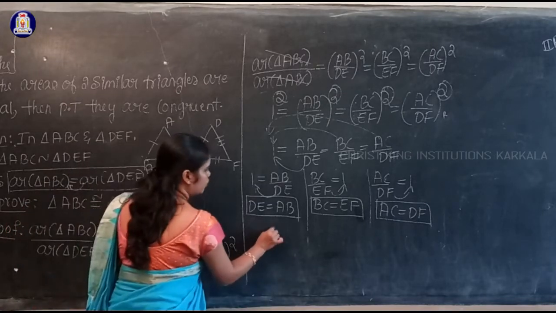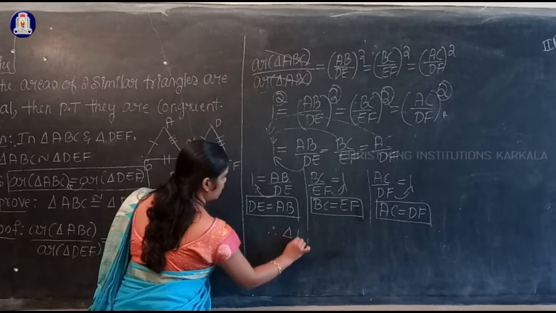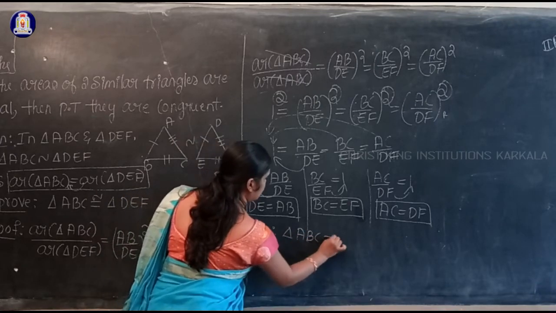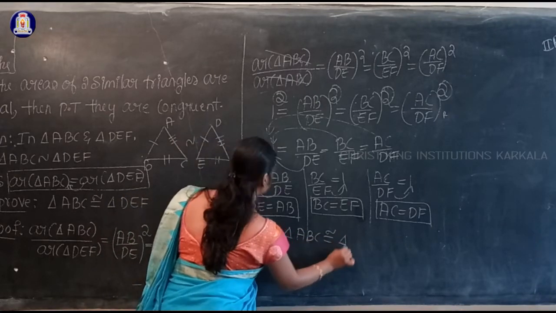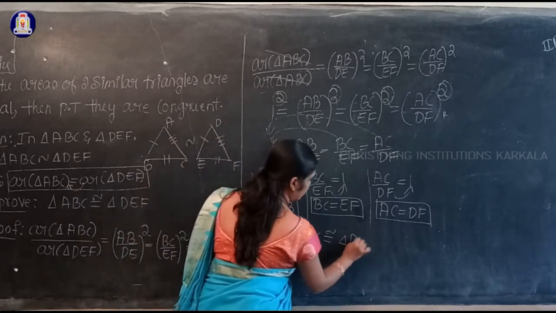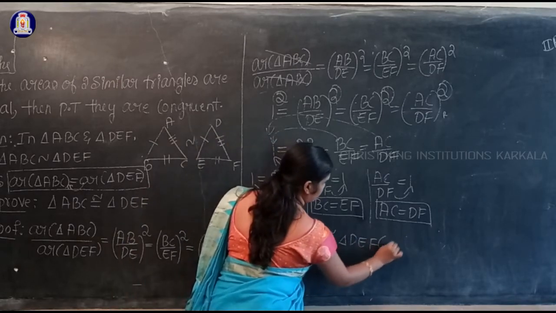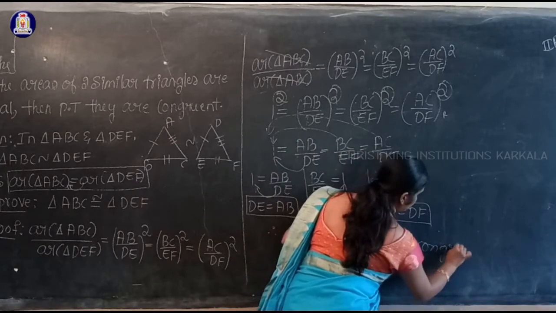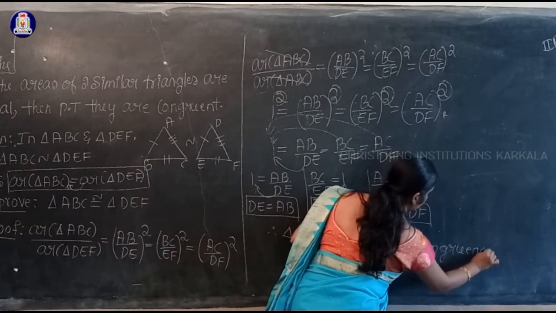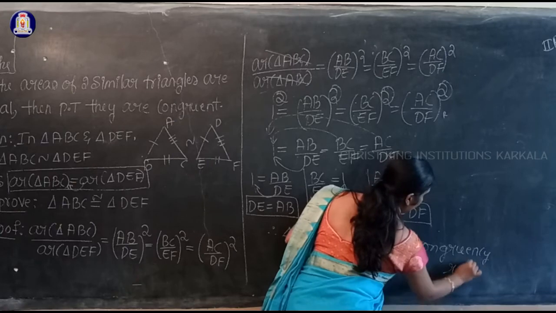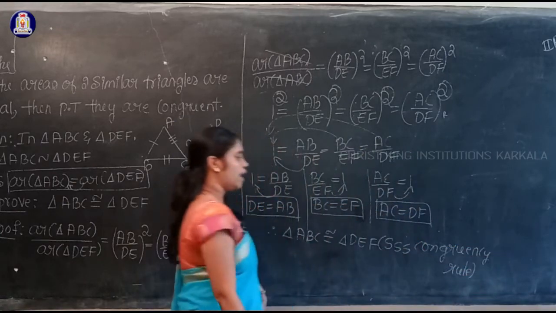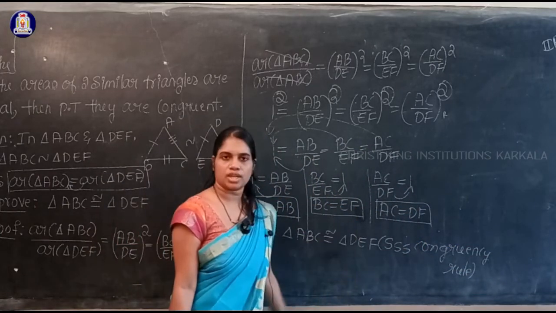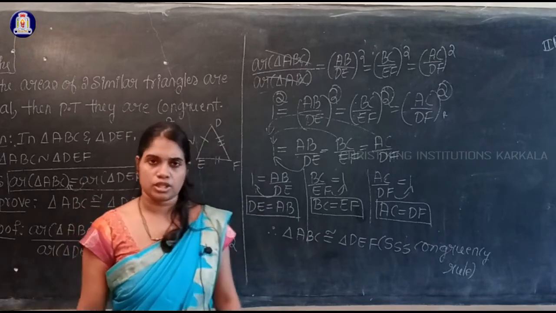So therefore I can say triangle ABC is congruent to triangle DEF by using SSS congruency rule. By using SSS congruency rule, I can say that the given two triangles are congruent. Yes.